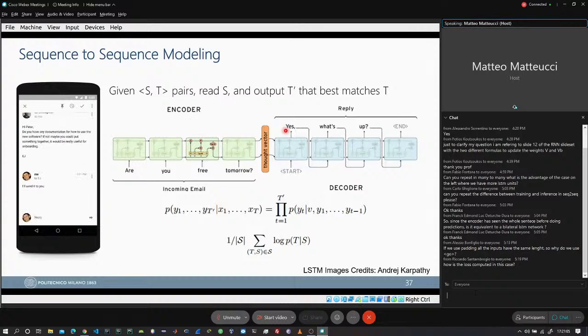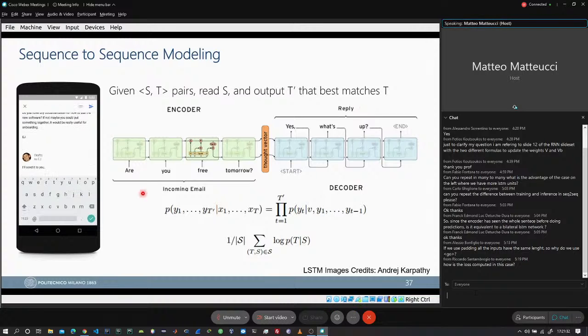First: what is the item in the vocabulary that I should put out now? Yes. What is the item in the vocabulary that I should put out now? What. What is the output in the vocabulary which I should put out now? Up. So you have a sequence of classification tasks.